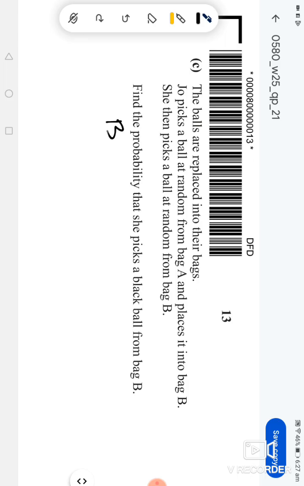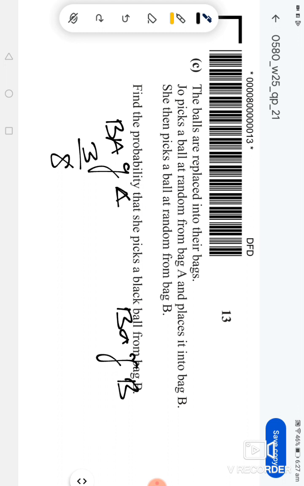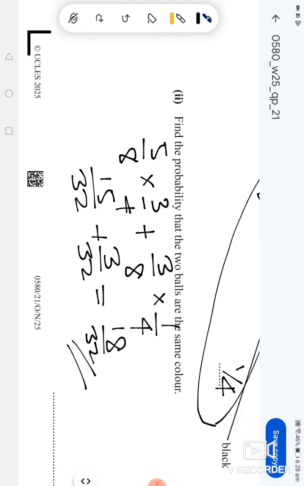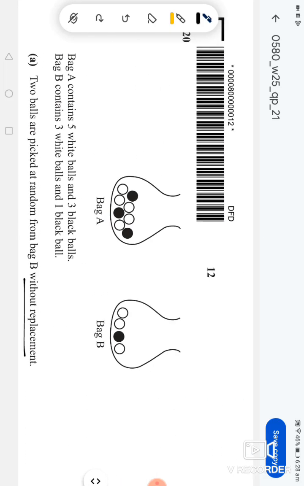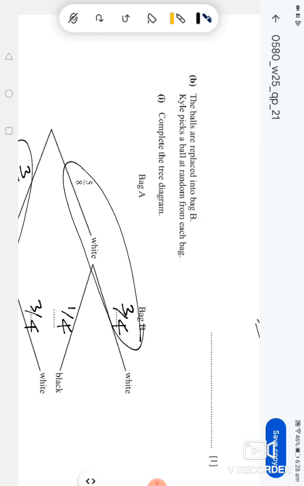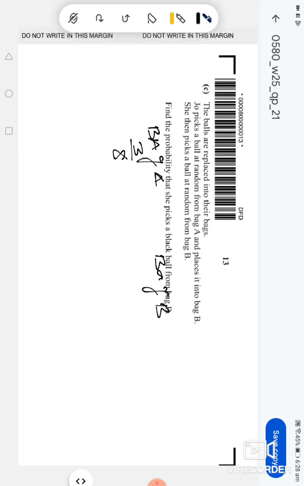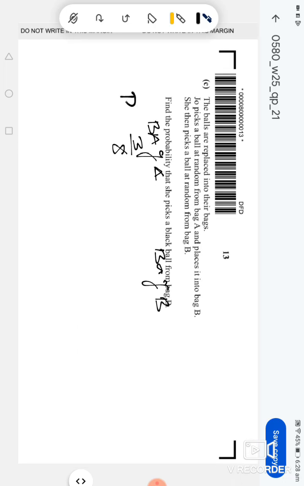So suppose this is bag A. Bag A I have 3 by 8 black and white is 5 by 8.